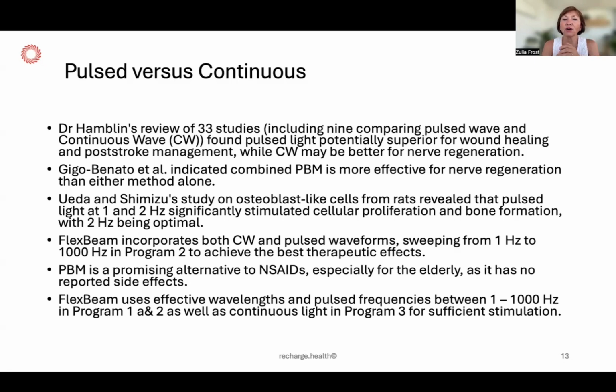In some studies, they found pulsed light potentially superior for wound healing or post-stroke management, while continuous wavelengths would be better for nerve regeneration. Just remember this. It depends on what you are targeting. There is some more research. I don't know how to pronounce it, Gigobenato, I think, indicated that a combination is more effective for nerve regeneration than just one method alone.